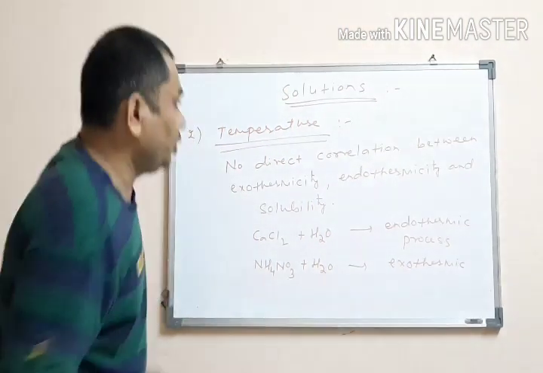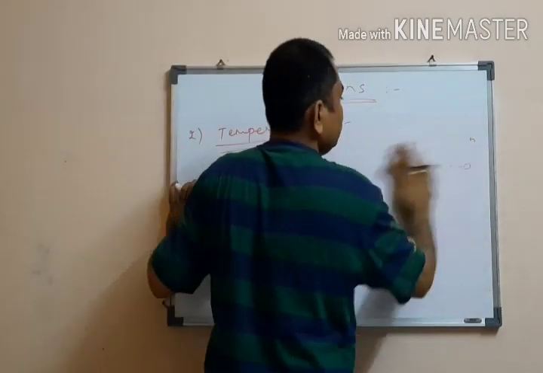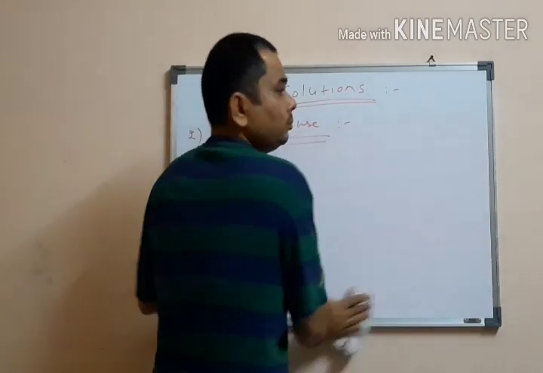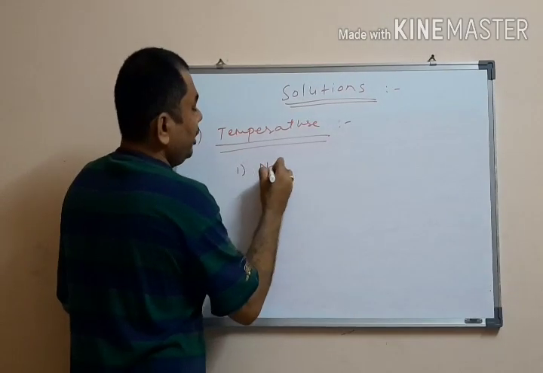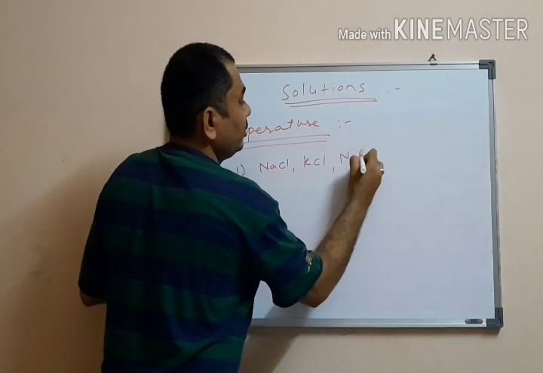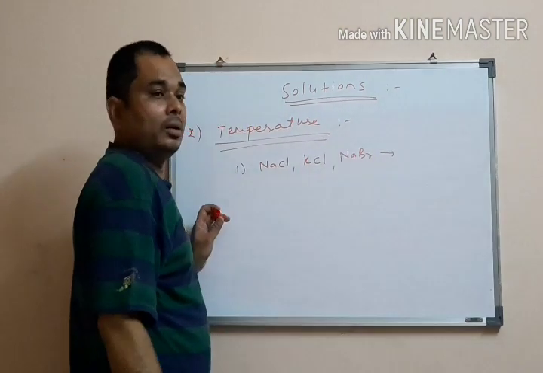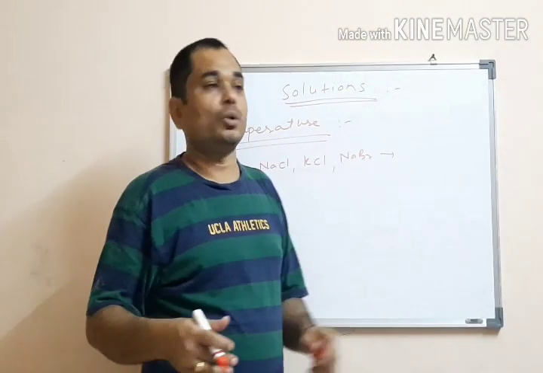I'll just tell you about some ionic compounds. It has been observed that in case of NaCl, KCl, NaBr, temperature does not affect much the solubility of these compounds in water.